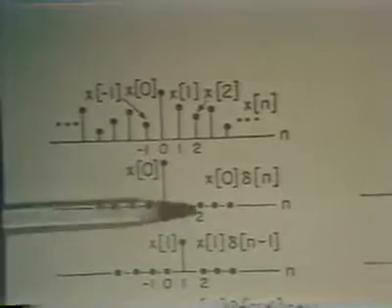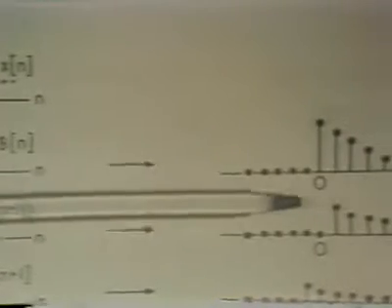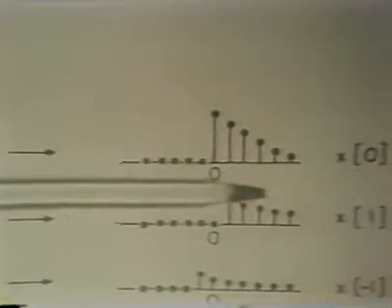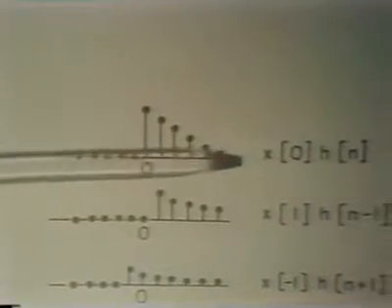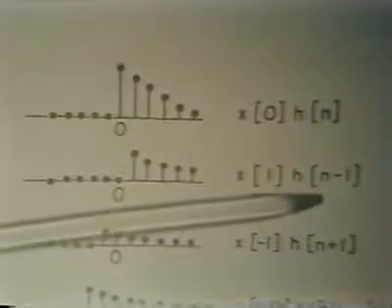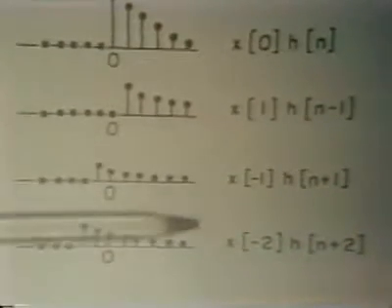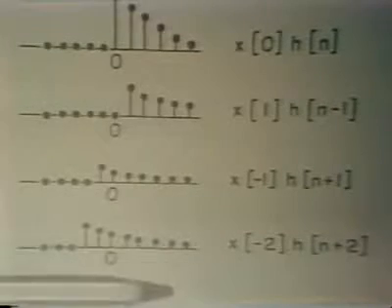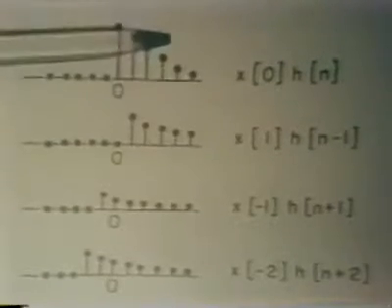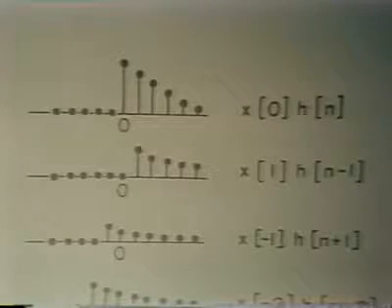If this impulse, for example, generates a response which is x of 0 times h of n, where h of n is the response to a unit impulse at n equals 0, and the second one generates a delayed weighted response, and the third one similarly, we generate these individual responses. These are all added together, and it's that linear combination that forms the final output. So that's really the way we're thinking about it.